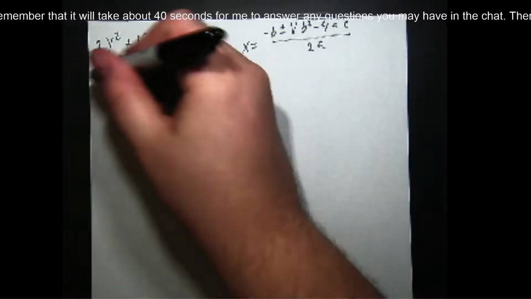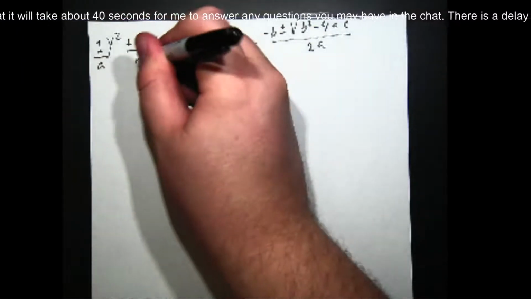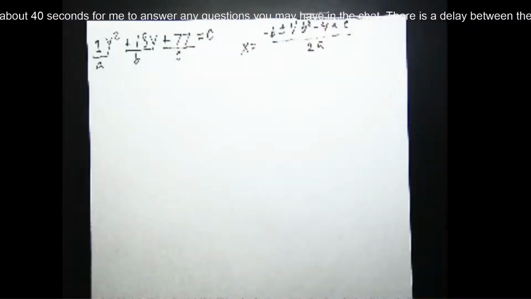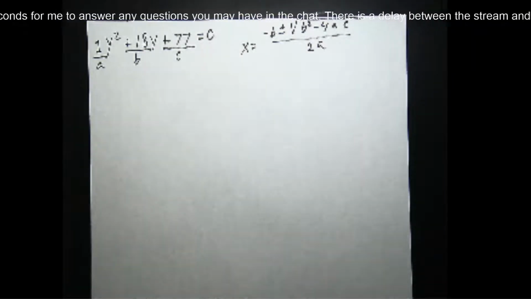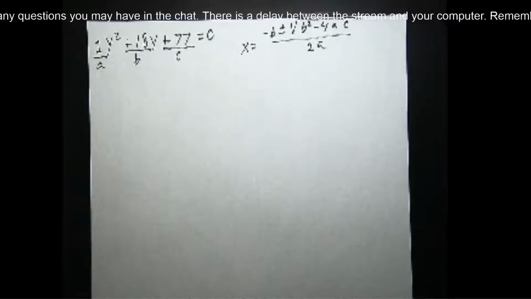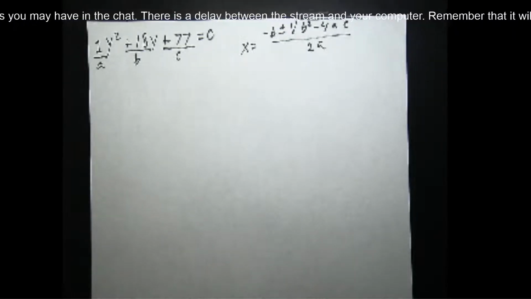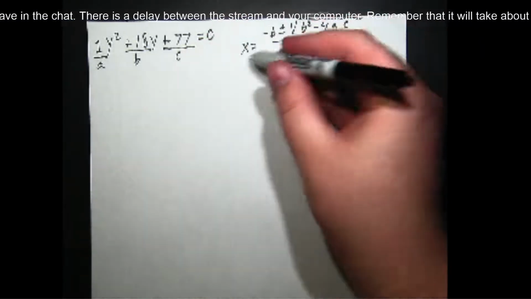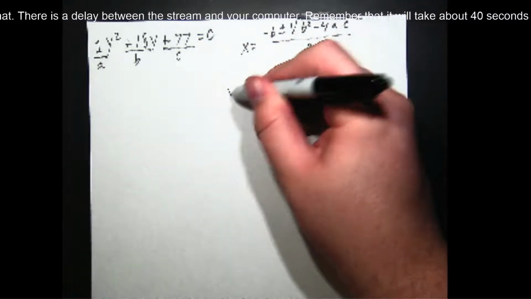So once again, that's a, b, and c. Now all we have to do is plug these numbers in and see what we get. Again, I'm going to change that to y real quick to fit this formula.